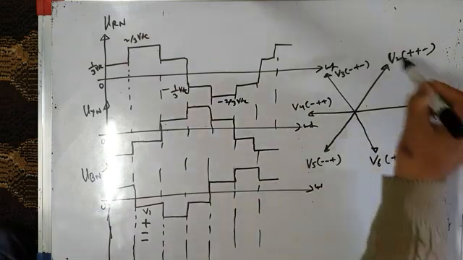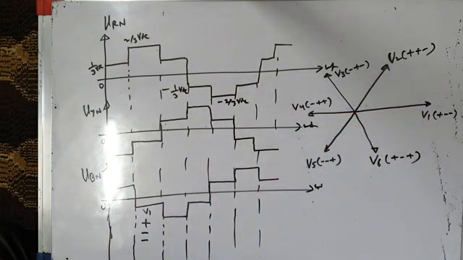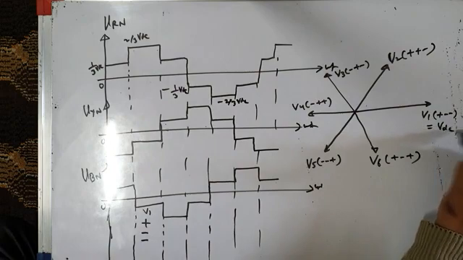Fine, these are my 6 space vectors. Each space vector is equal to VDC.